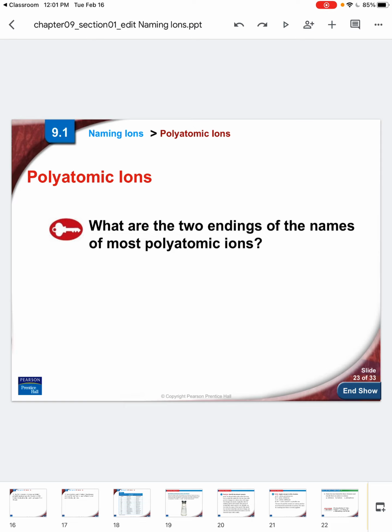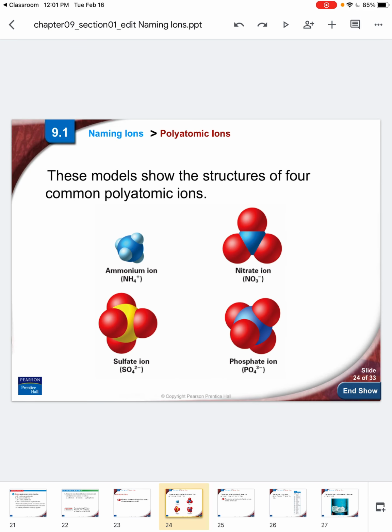Frequently, especially since most of them are formed with oxygen, they have names that end in ate or ite. Not ide, ite. So ate or ite. So here's 4 polyatomic ions. The ammonium ion, NH4+. The nitrate ion, very common, NO3-. The sulfate ion, also one of the most common ones, SO4 2-. And the phosphate ion, which is PO4 3-.